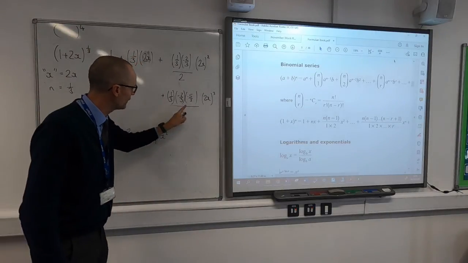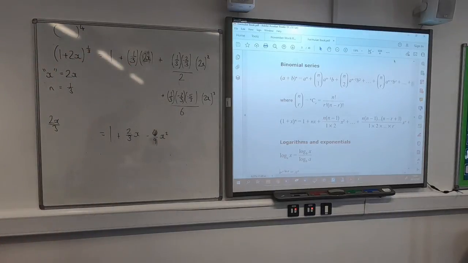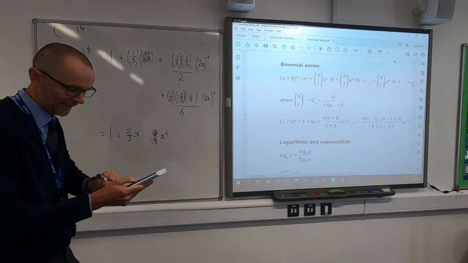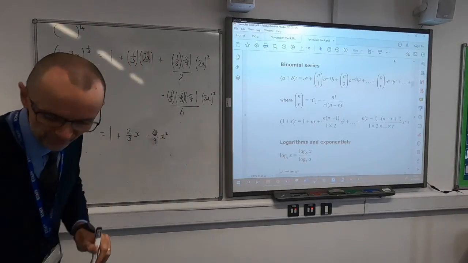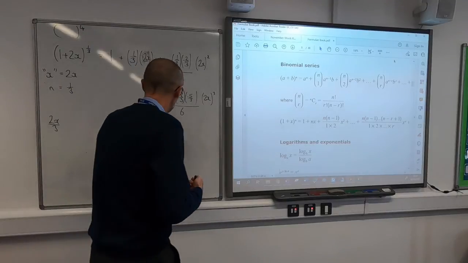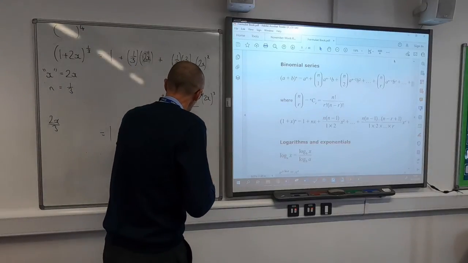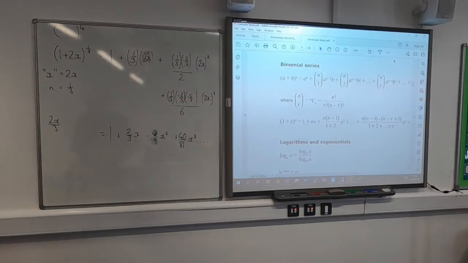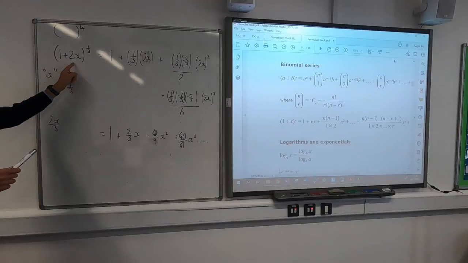So I've got 10/27 divided by 6. So that's going to be two fraction buttons, 10/27 divided by 6, 5/81. And that's going to be multiplied by 8x cubed. So I'm going to multiply this by 8. So that gives me 40/81 x cubed.